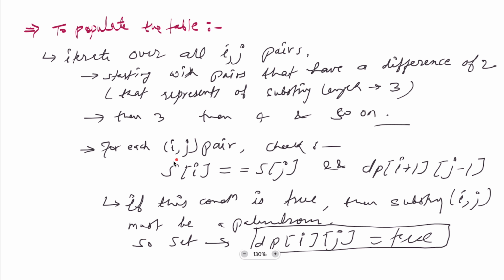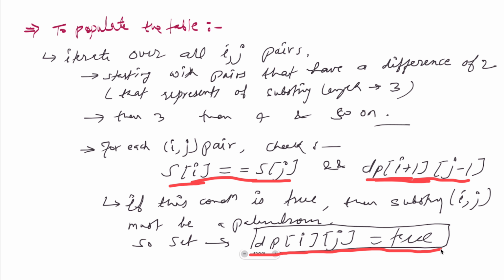For each I and J we check the characters: the character at I and J should be equal, and DP at I plus 1 and J minus 1 should be true. If both conditions are true, then I to J must be a palindrome. So we set DP at I and J as true.